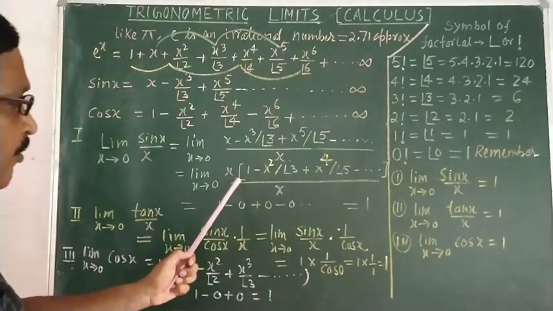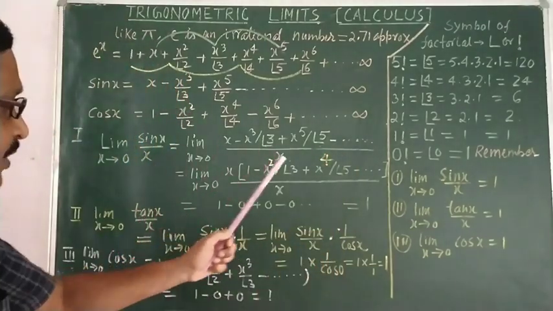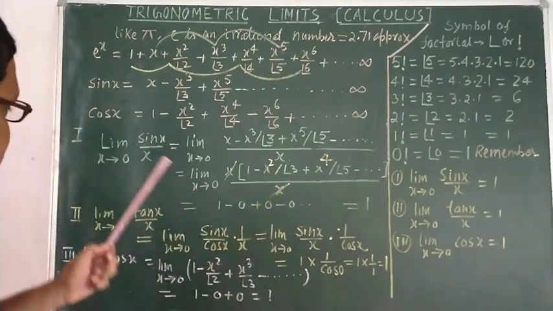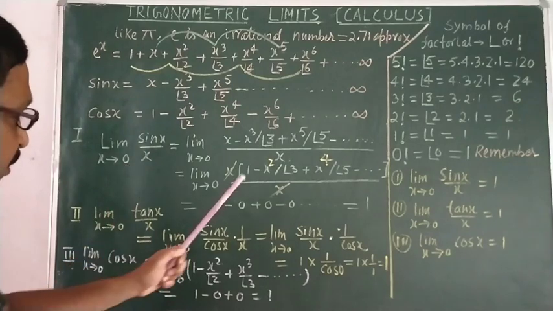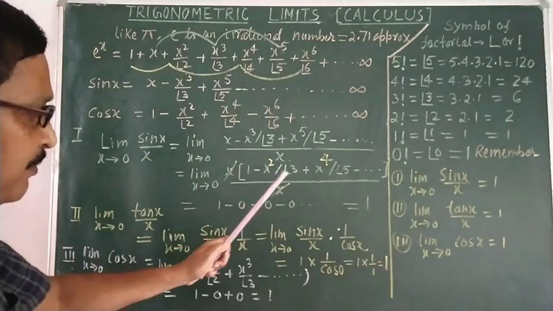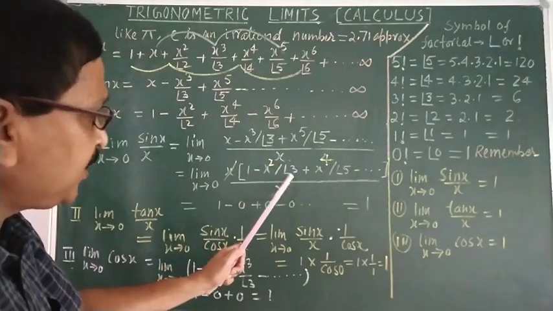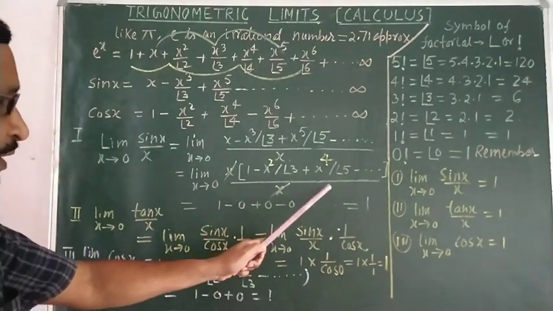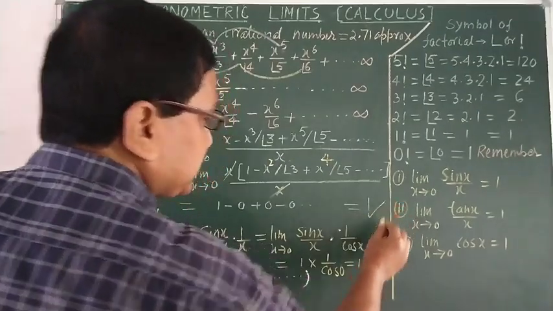We have taken x common and the denominator is x, so this x is cancelled with that x. After that, put x equal to 0. So this is 1 minus 0, 0 by factorial 3 is 0, 0 by factorial 5 is 0. Putting x equal to 0 everywhere, we get 1. So the first is proved.